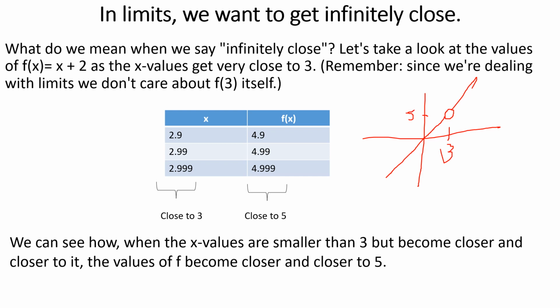But if x was 2.999, the f of x would be 4.999, as I got right here. It actually works at both ends. It's approaching 3. It's getting infinitely closer to 3, and my resulting answer is infinitely closer to 5, but x never will be 3.